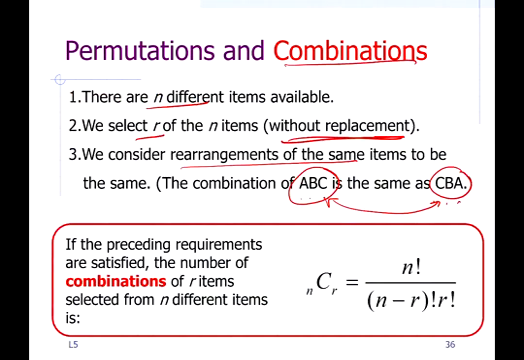So we could go back and we could apply the combination formula. And notice the combination formula is almost the same as the permutation formula. So the permutation formula is right here. That's nPr. The combination formula just has this extra r factorial at the bottom. So n factorial divided by n minus r factorial times, in this case, r factorial.